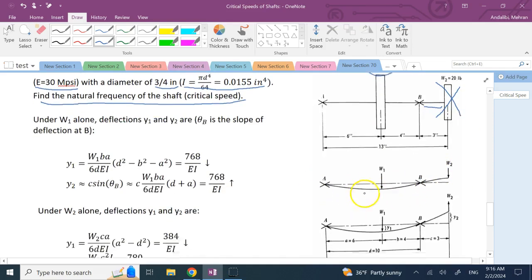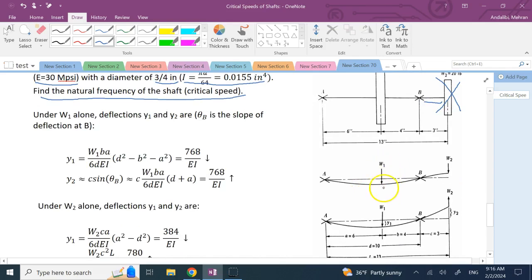And how much is going to be the displacement under the centers of W1 and W2? For W1, from your knowledge of solid mechanics, Y1 is going to be W1 B A over 6 D E I times (D squared minus B squared minus A squared).